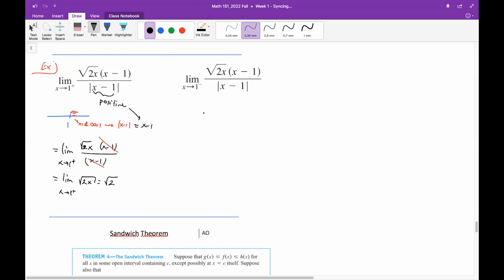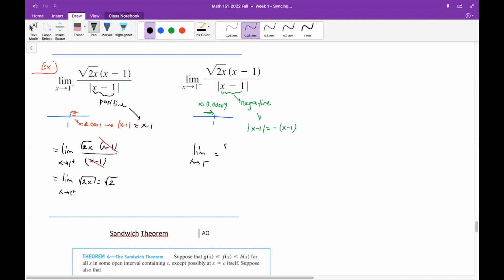Okay, from left, what happens? This time, the point 1 is here and you approach from left, meaning that you choose points like 0.9, which is less than 1. That's why in this case, this difference will be negative. And that's why this absolute value will be evaluated by putting an extra minus sign in front of it, since it is negative. So this resolves everything.